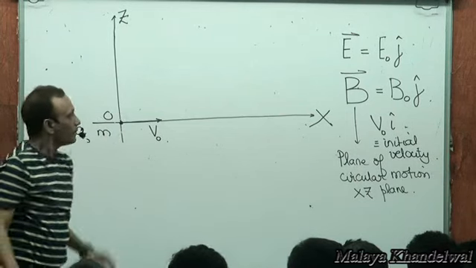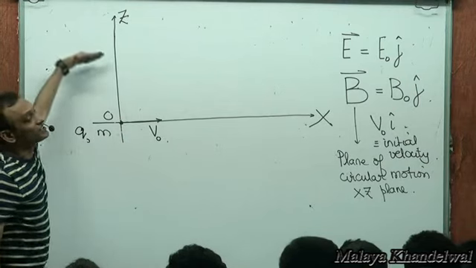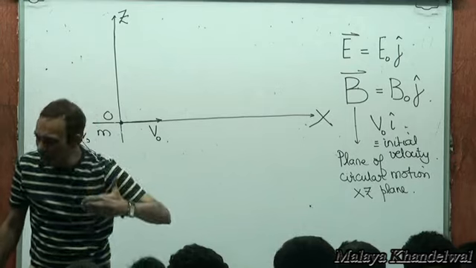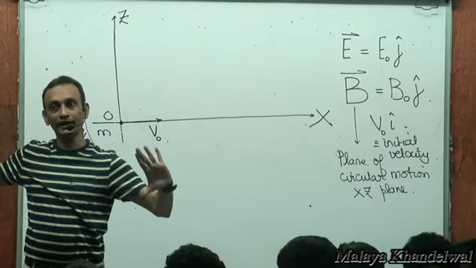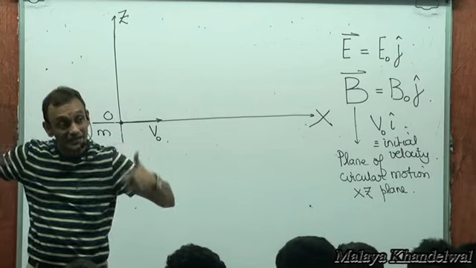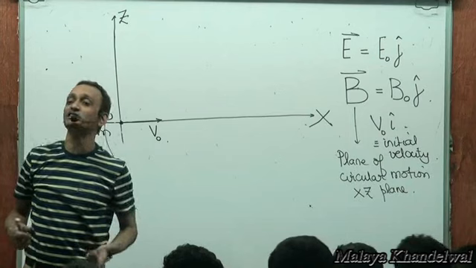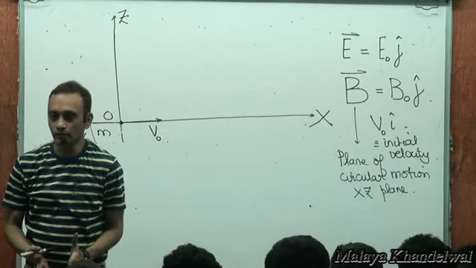Clear? But first things first. So displacement in the x direction and the z direction are only courtesy magnetic field B. Displacements in the y direction are courtesy electric field. So let me find out the displacements in the x and the z direction courtesy magnetic field, and displacement in the y direction courtesy electric field, and consolidate them together.